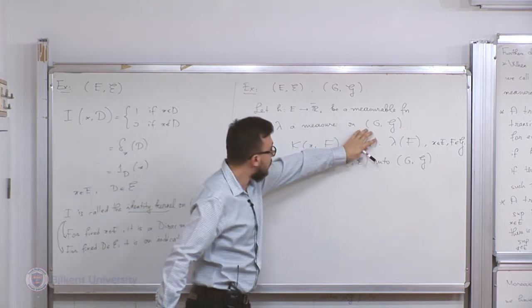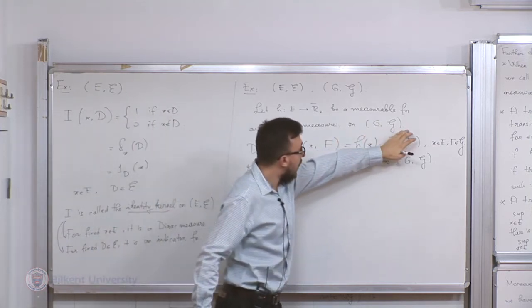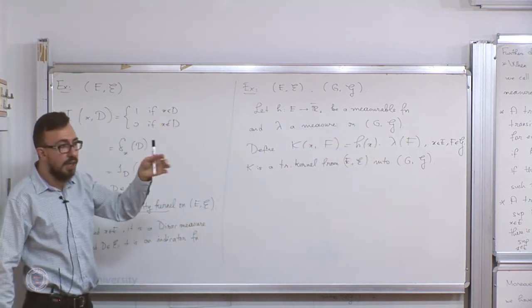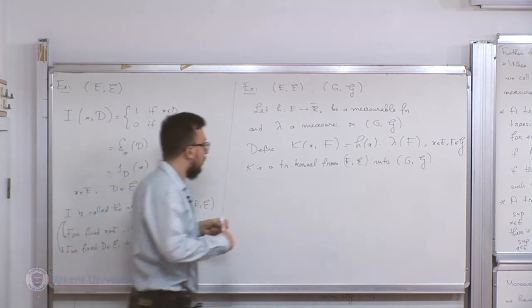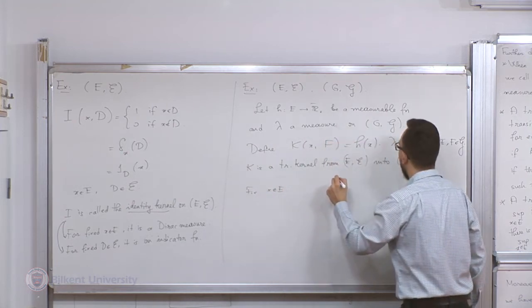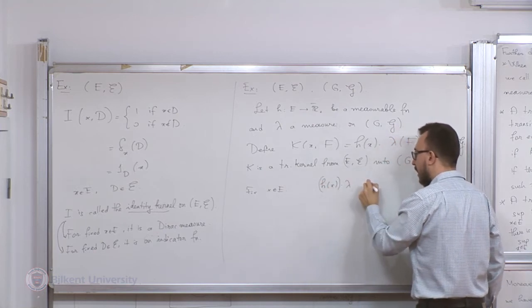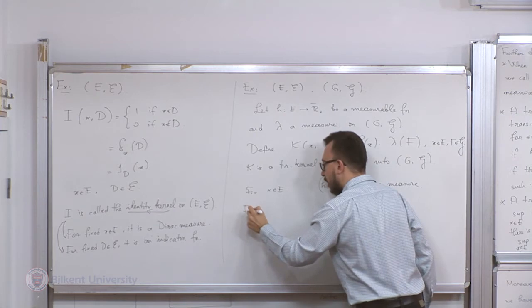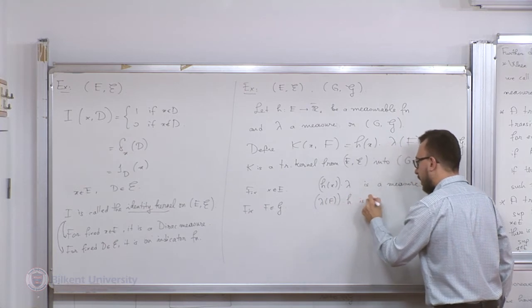So fix x, this is just like a constant. Constant times measure is a measure. Fix f, now this is like 5 times h. Well, if h is measurable, 5 times h is also measurable. So checking that it is a kernel is very easy. Fix x: h of x is a constant, times lambda is a measure. Fix f: now lambda of f times h is a measurable function.